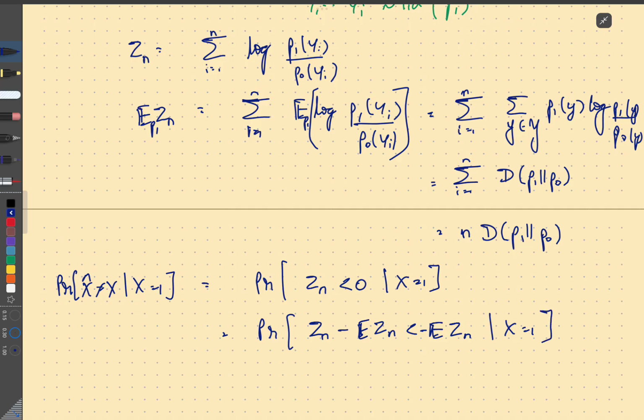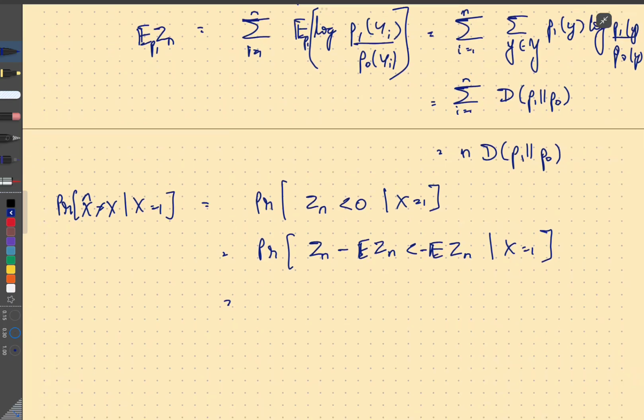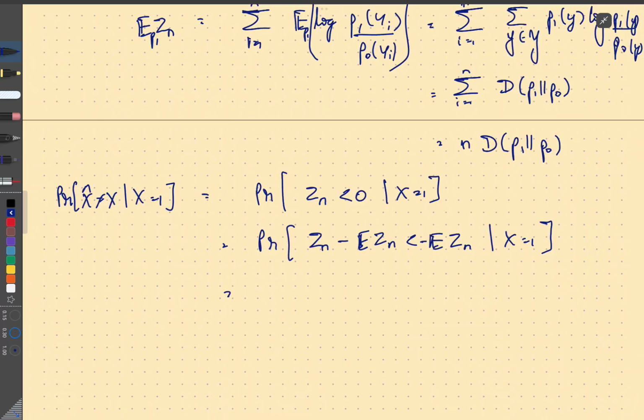I've just subtracted the expected value of Zn from both sides. And I know that Zn is a sum of independent bounded random variables.